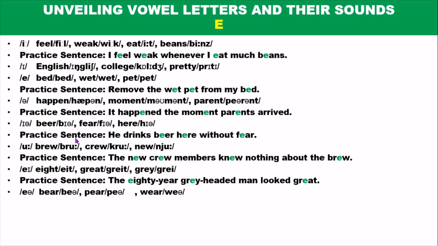For instance, the word bear, a lot of people mispronounce it as beer, while pear is mispronounced as peer. And wear, to wear a dress, many people mispronounce it as weer, all right? So take the correct one: bear, pear, wear.